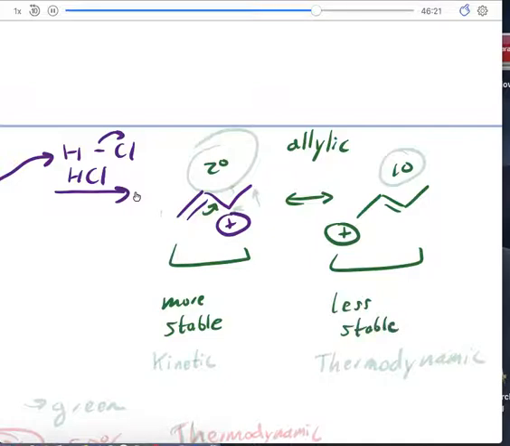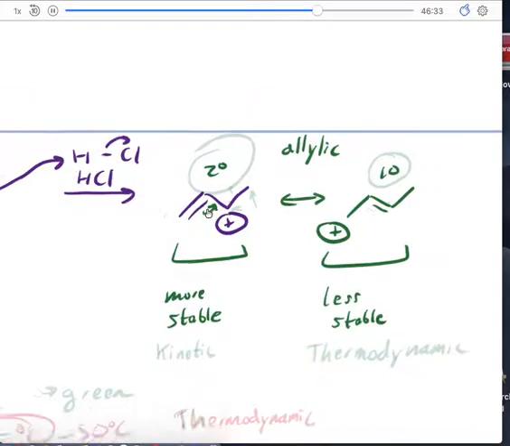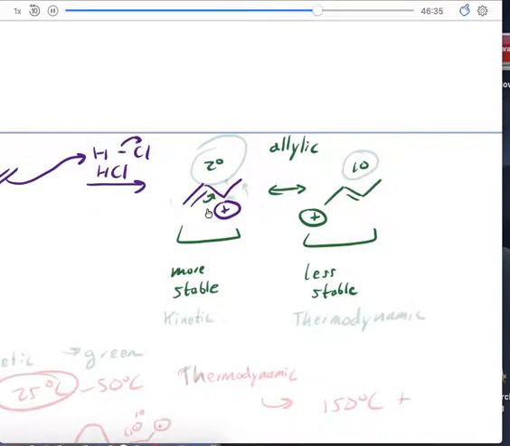Allylic basically means you have a double bond next to some empty orbital or filled orbital, and the double bond just goes back and forth between the carbons. That's really all it means, because it's shifting.